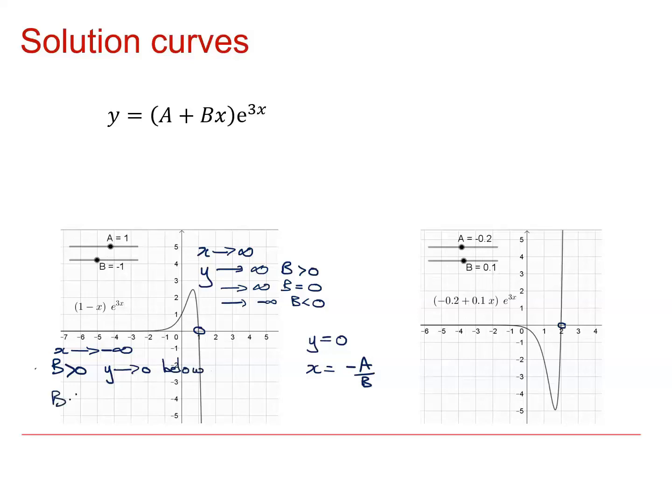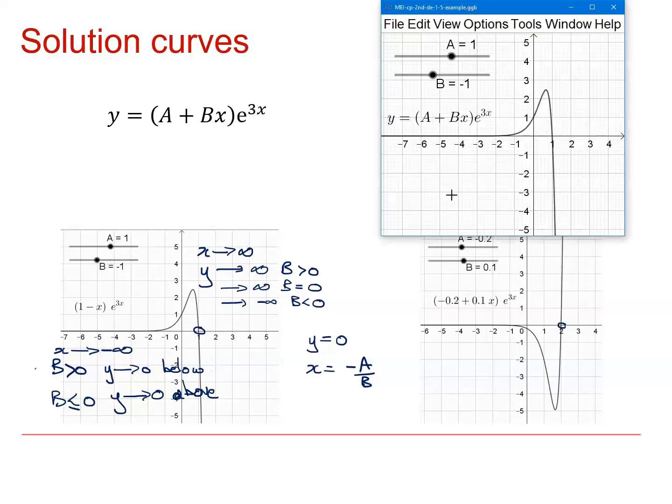If b is less than or indeed equal to 0, y will again tend to 0, but from above. And in fact, in the situation where b is equal to 0, then there is no x value for which y is equal to 0.